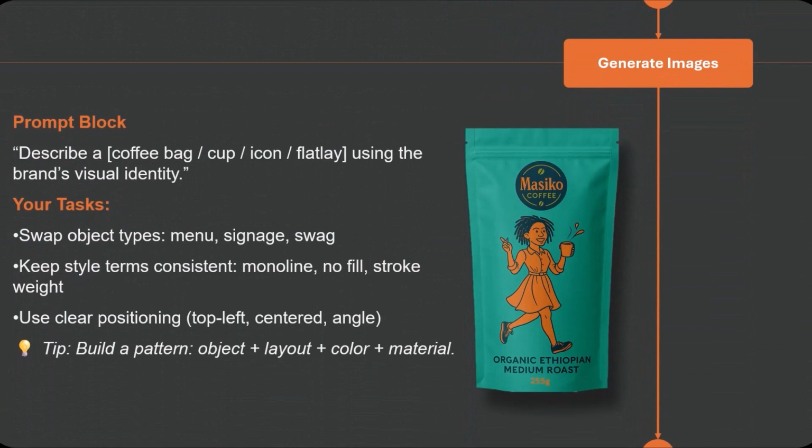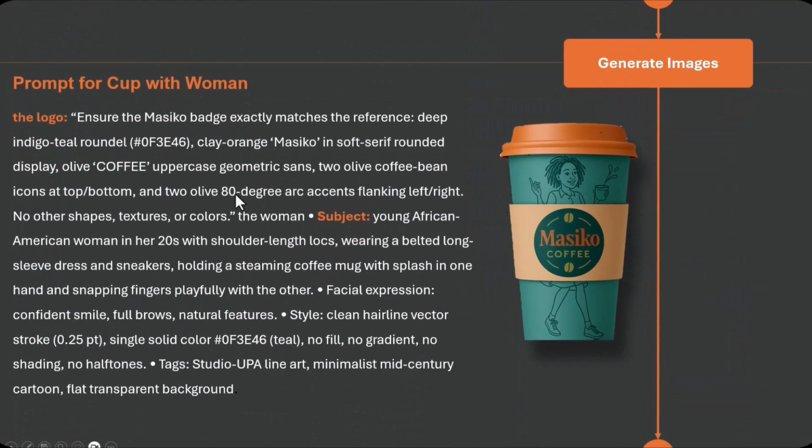So prompting with the images, this is kind of the basic elements that we're doing here. When we are prompting for assets, because this is a coffee shop, ChatGPT is relatively familiar with all of the assets that a coffee shop would have. So to showcase this, we talk about the cup.